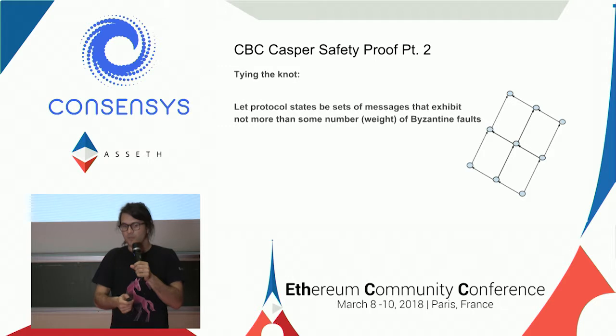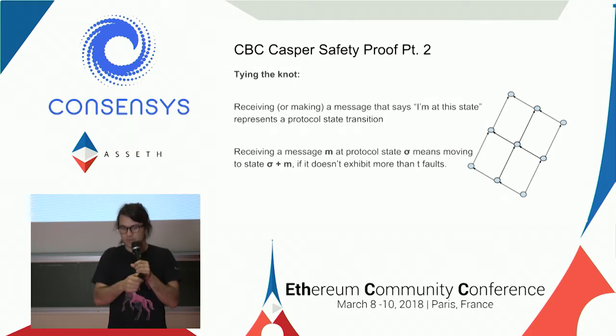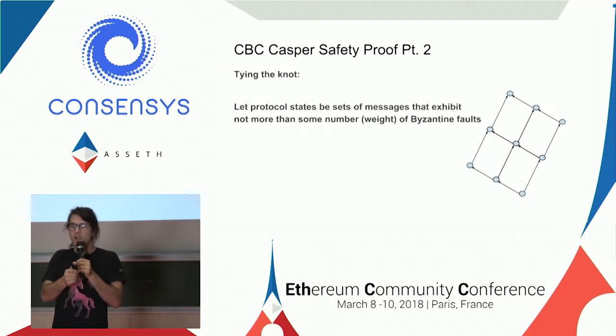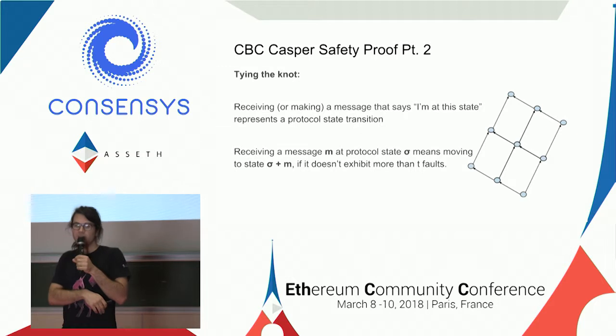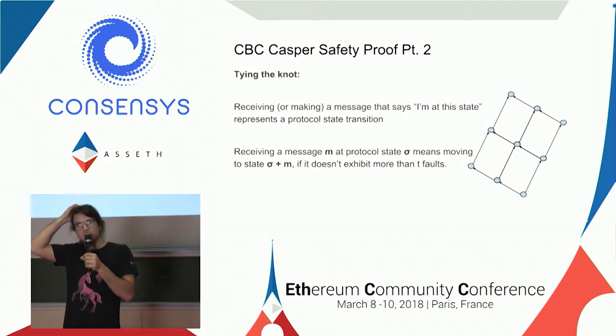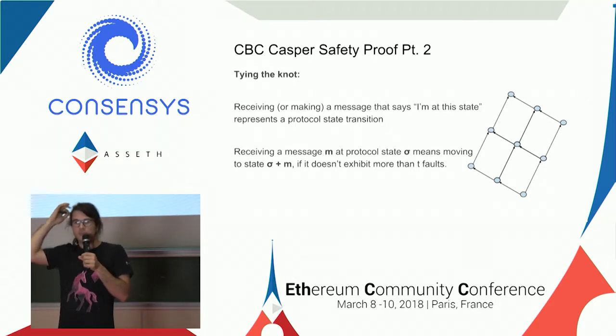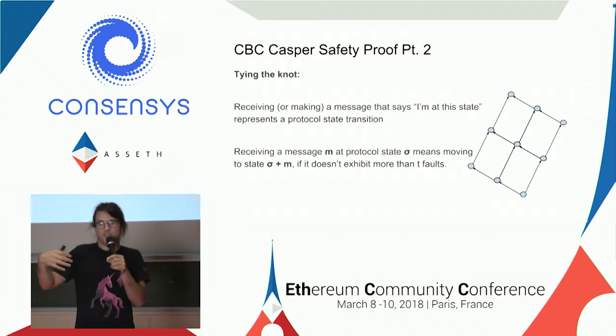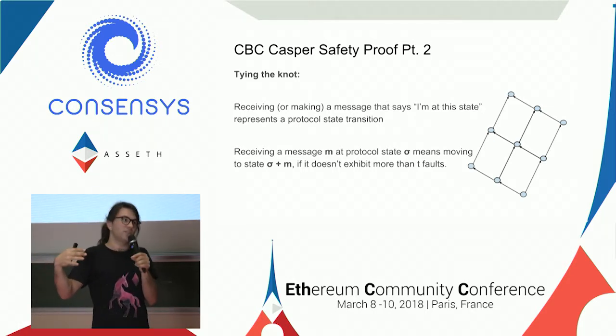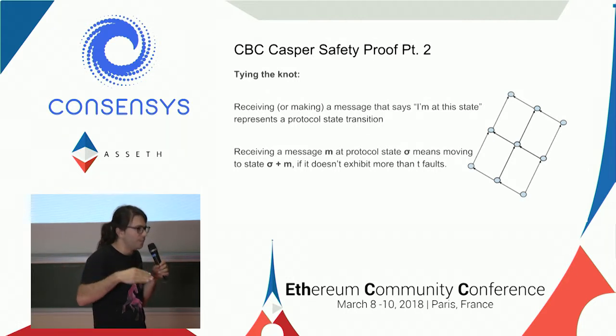Why would we do this? Well, it's quite clear, but I'm going to tease around a little bit. Every message says what state you're at, and when you receive a message, you move from a protocol state which has the current set of messages to the current set of messages plus that new message that you received, as long as that new message doesn't tip you over the T faults.